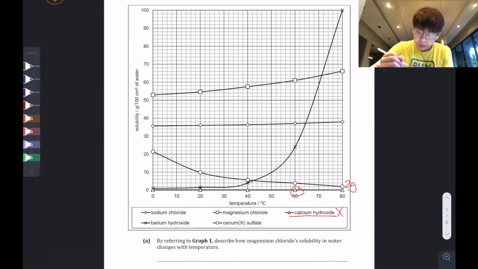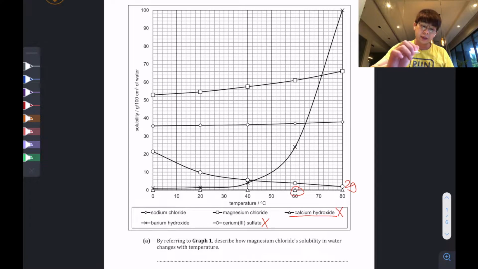And when I cool it down, I can only dissolve 2 grams, right? Anything else that I add cannot dissolve. So when I cool it down, how come suddenly I can dissolve more? When this happens, there will be no crystallization. So cerium sulfate also cannot do crystallization.